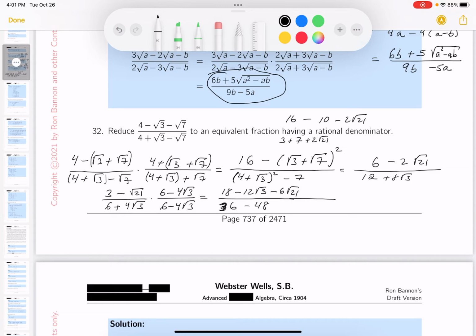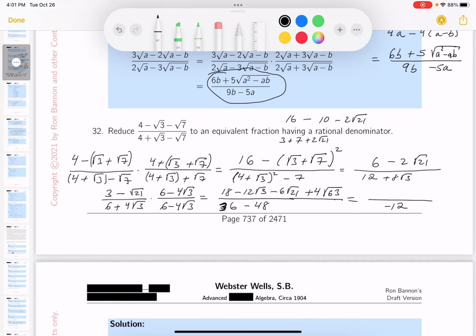And then what do you get? You get plus 4, and 3 times 21 is 63. All right, again, I got to clean it up. And 36 minus 48, that's going to be minus 12. And let me see if I can do the top.